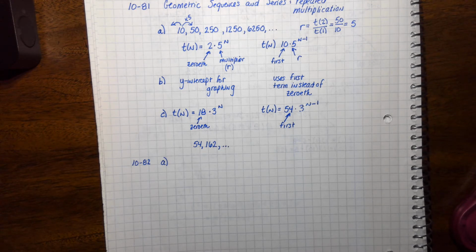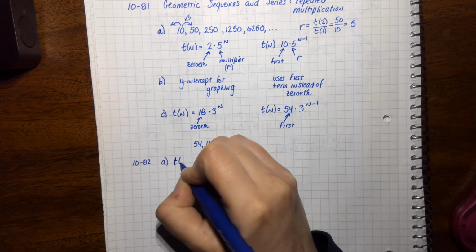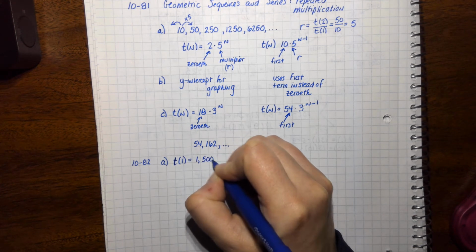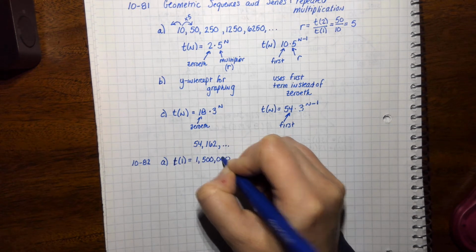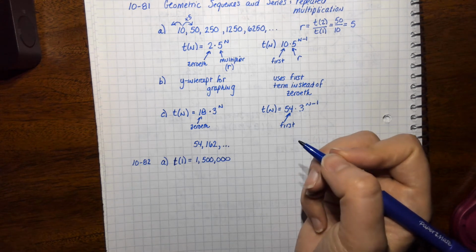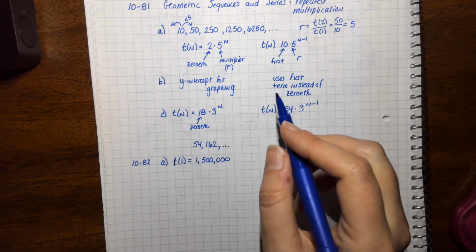Okay, so it says they guarantee to pay him $1,500,000. I'm going to write T of 1. 1,500,000 is your first term, and then the multiplier. So this is back from Math 1, if you remember.